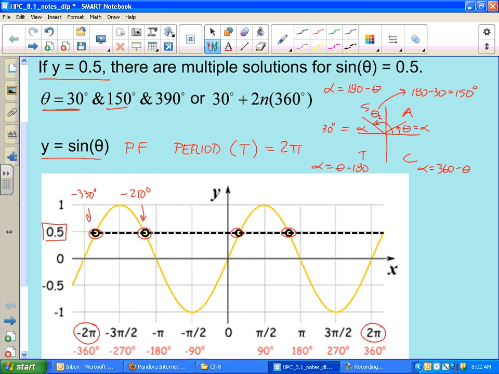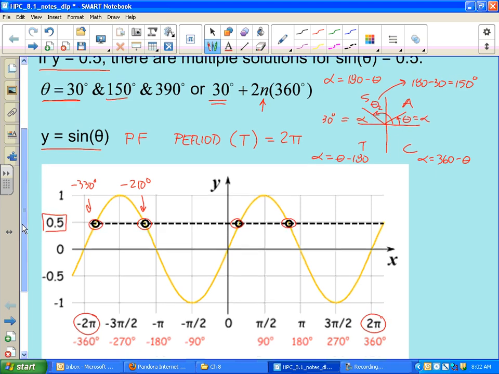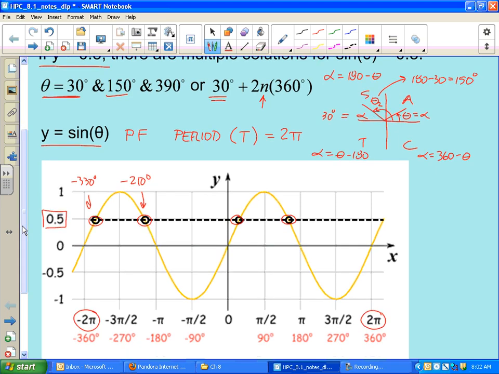And remember, for sines, if you have a known angle and you want to get back to a place that produces the same ratio value, you can go 2 pi, or 2 times 360 times the number of rotations that you're going to turn, and that will get you the same angle. So this is what we're going to do today. We're going to find these other angles, and most of the time we're going to focus on maybe just the first cycle, the positive cycle of our curve.